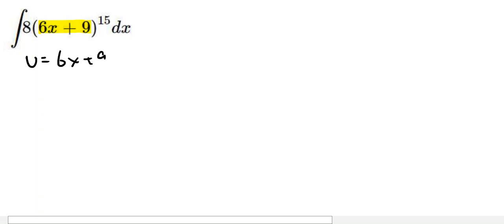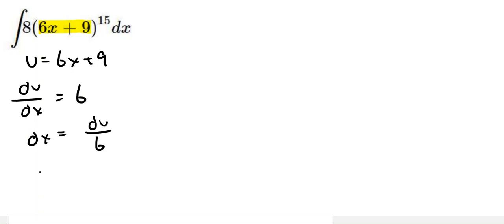The derivative of that, du dx, is just plain old 6, or dx is du divided by 6. N is 15. So this becomes the integral of 8 u to the 15th.